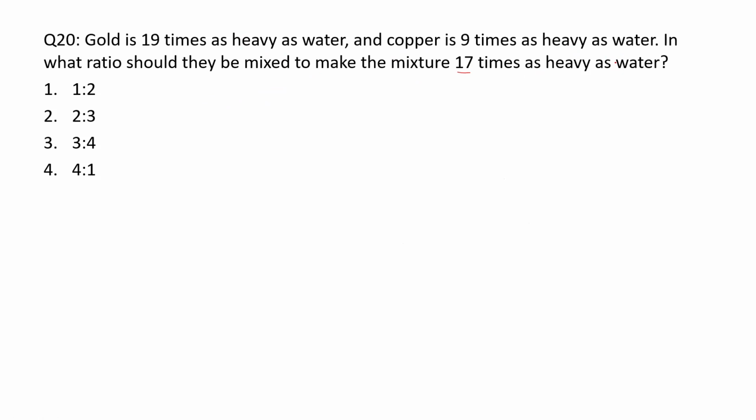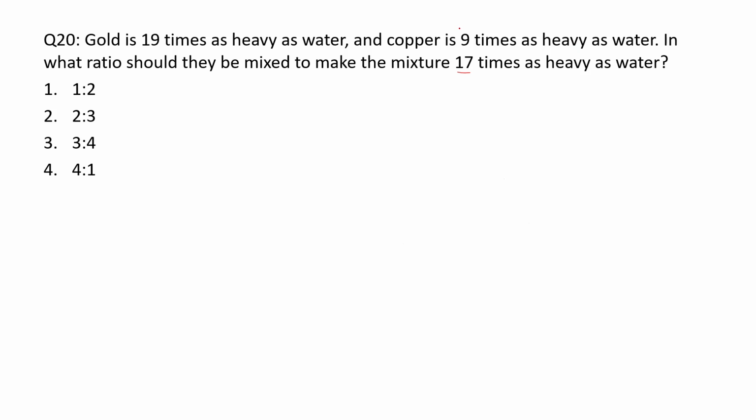Try to understand the problem. Gold is 19 times as heavy as water. Copper is 9 times as heavy as water. Now mix gold and copper in a way that the mixture will be 17 times as heavy as water. That is the problem. So how will you solve this?